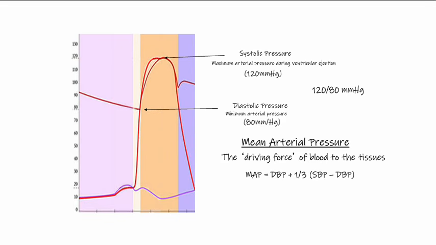But just realize that if we take the numbers of 120 over 80 and plug them into this formula, we would get a mean arterial pressure somewhere around 90 or 93. Now the mean arterial pressure is the driving force of blood to tissues. This is the pressure that's basically present in our arteries at all times, pushing blood out to the body.